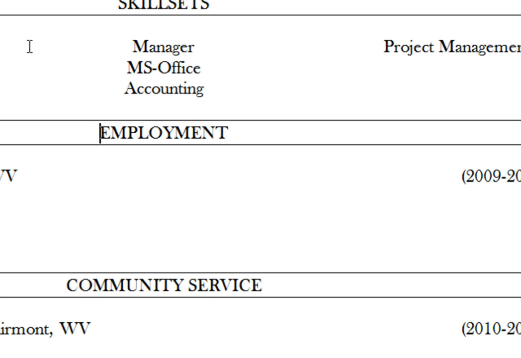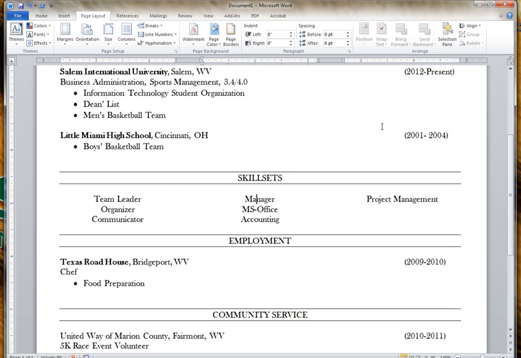Notice how nice and evenly, if I click up here, you can see there's 3 sections that the computer automatically generated for you. So all you have to do is type in your list, highlight that list, go to page layout, columns, and choose 2 or 3 columns.